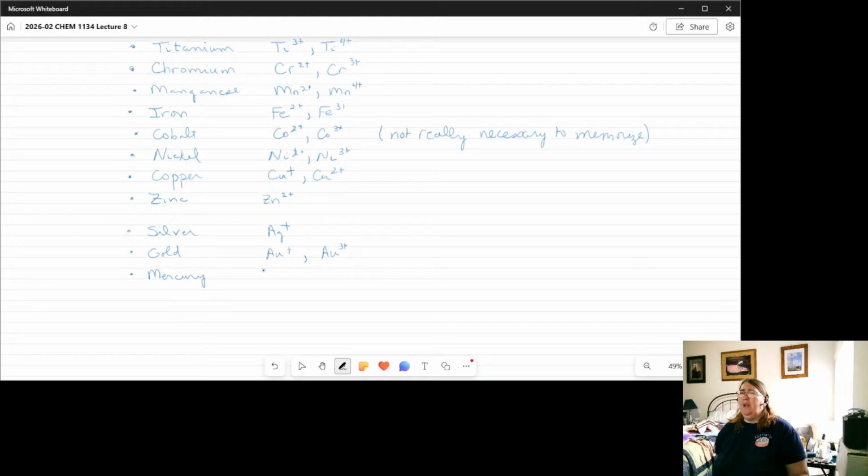It's very weird because the 2+ cation is stable as an elemental cation. The 1+ forms a molecule. So the +1 charge mercury cation actually isn't a single atom. It's a molecule. It forms a dimer, a mercury dimer that then is a cation.